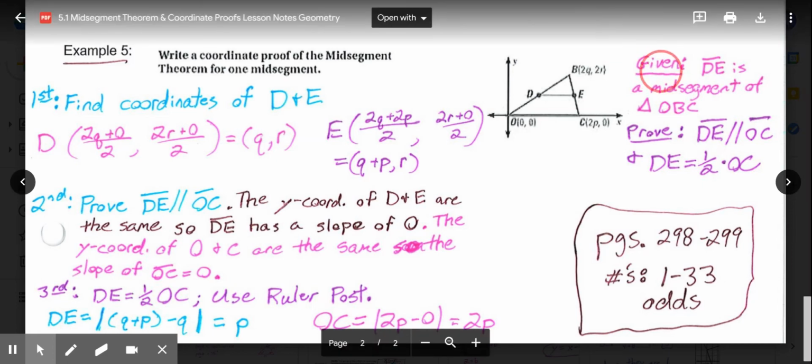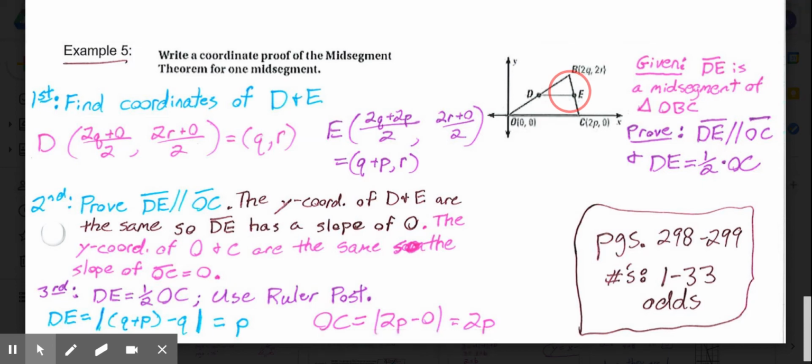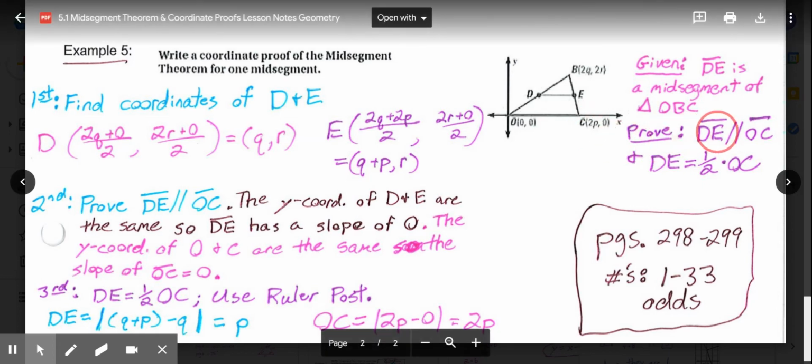So what I'm thinking is the given info is that DE here is a midsegment of triangle OBC. We're trying to prove that DE is parallel to OC and that DE is 1/2 the distance of OC. So we're trying to prove the two parts of the midsegment theorem.